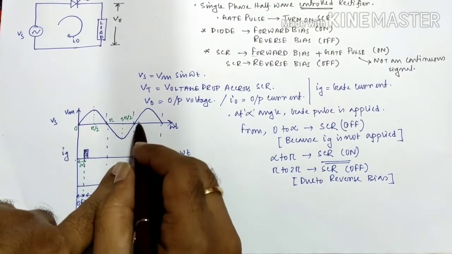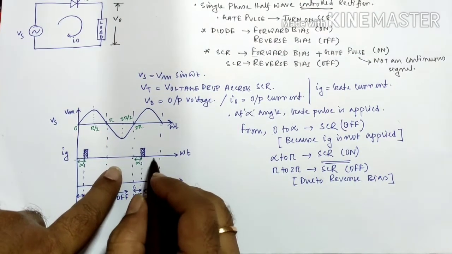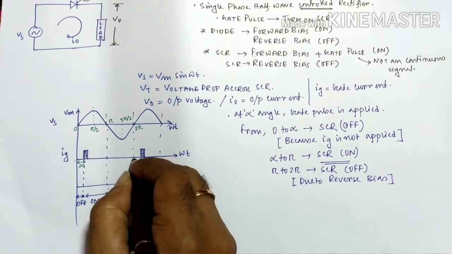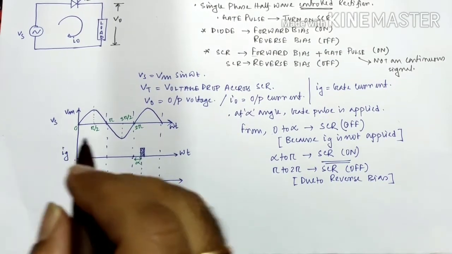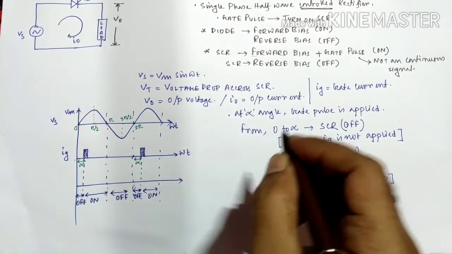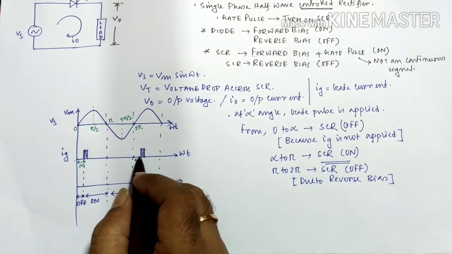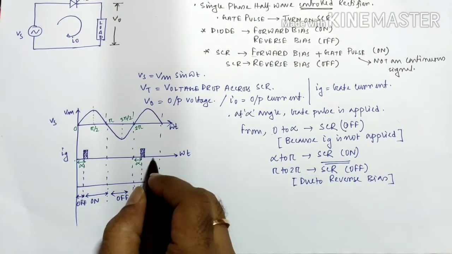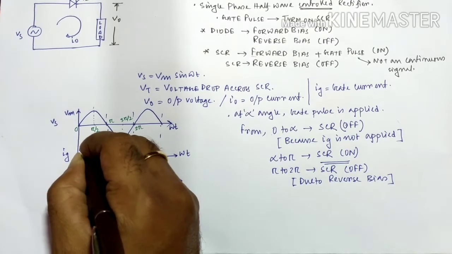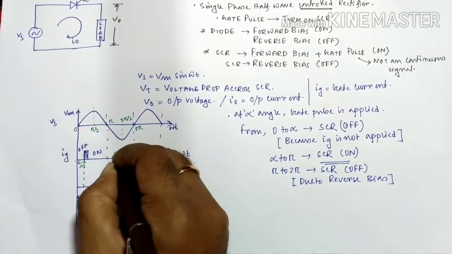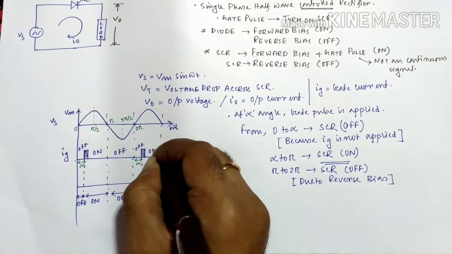After that, in this cycle, from 2 pi to 2 pi plus alpha, even if it is forward bias, as Ig is not applied, SCR will be turned off. During this position, SCR will be on. So this is off, this is on, this portion is off, this is also off, this is on.